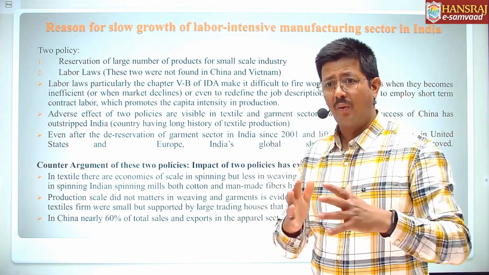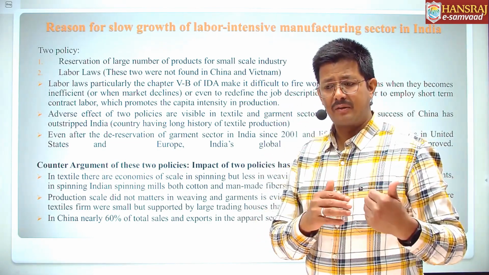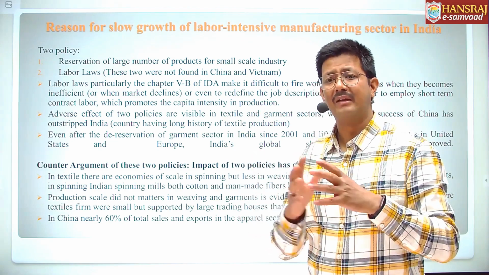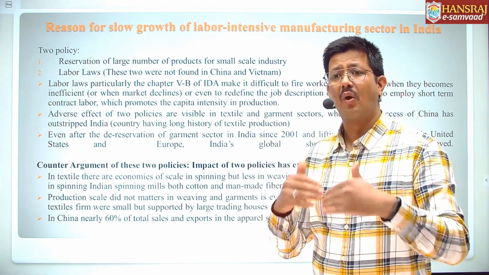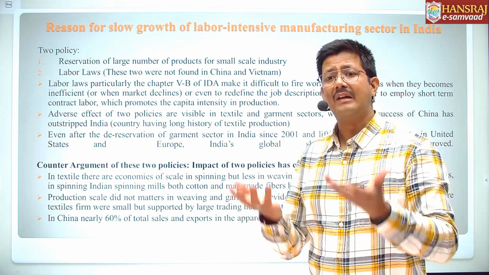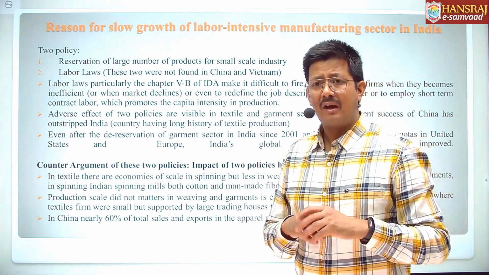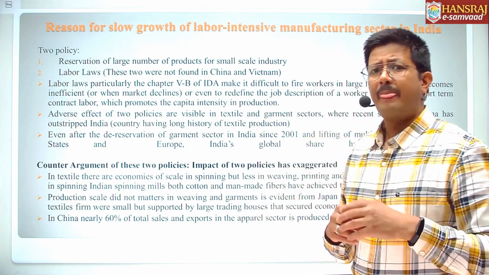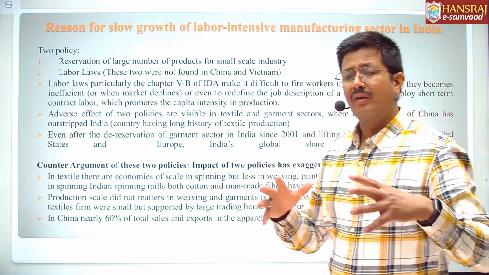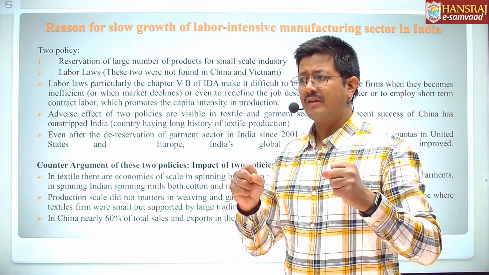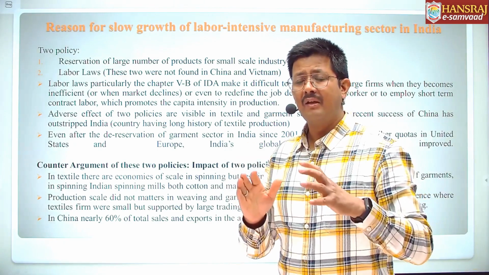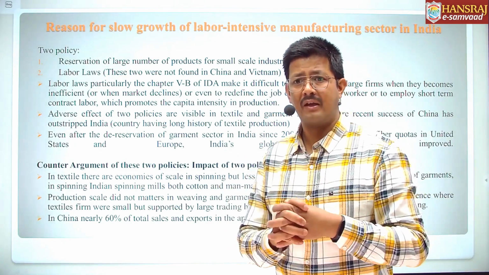And then labor laws are hampering the manufacturing sector from growing over time because of the increasing labor cost due to these labor laws. So these are the two policies that people argue are hampering the growth of the manufacturing sector.